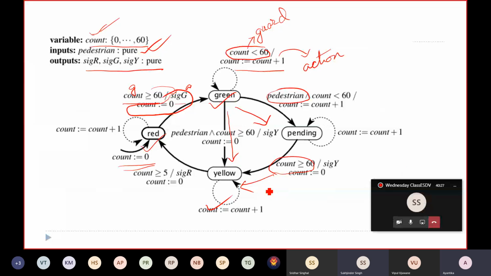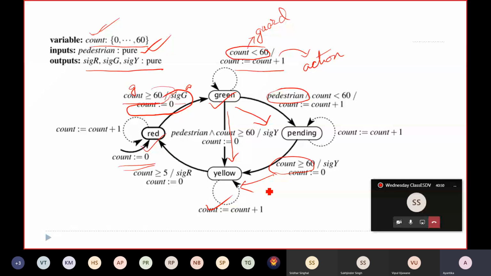Ma'am, in this system, when it is going from green to pending, there is no change in the signal color. Exactly, no change in the signal. Maybe this is considering the pedestrian's perspective.